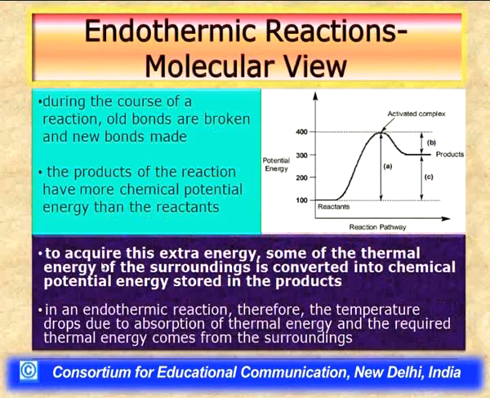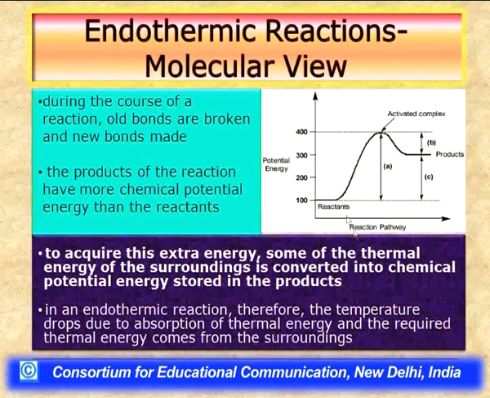To acquire this extra energy, where will this energy come from? Some of the thermal energy of the surroundings is converted into chemical potential energy, that is stored in the form of potential energy of the products. If that energy comes from the system, then it will lead to a relaxation in the molecular motion of the various chemical species present in the system, which manifests in the form of temperature, and if the extent of molecular motions decreases, the temperature will decrease.